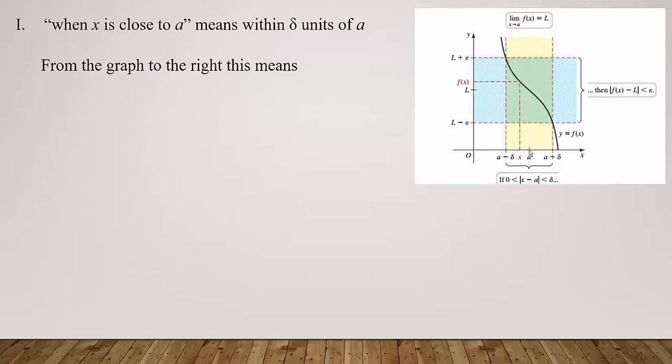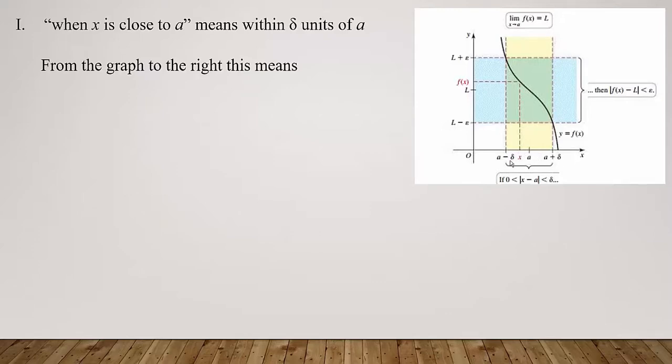So over here is a plus delta. That's the endpoint over here. And over here is a minus delta. So x close to a, within delta units of a, means I can pick any x in this interval. I just have to have x trapped between a minus delta and a plus delta.